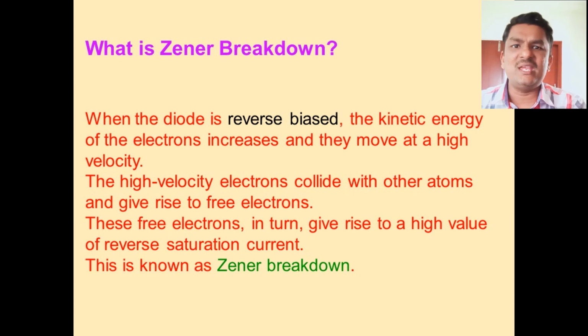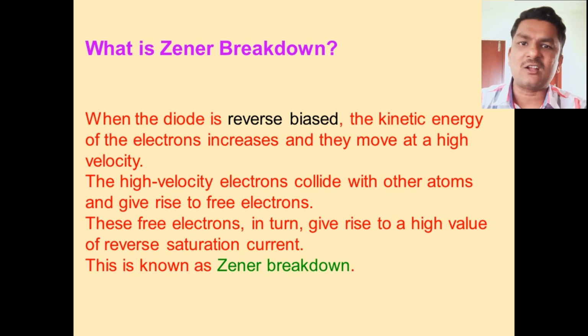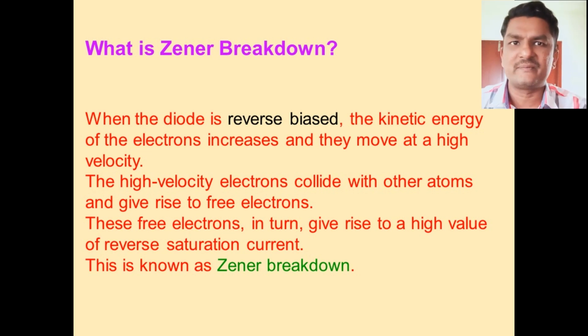When a diode is in reverse biased condition, the kinetic energy of the electrons increases. If the kinetic energy of the electrons increases, they move with high velocities. These high velocity electrons may collide with the atoms and give rise to free electrons.